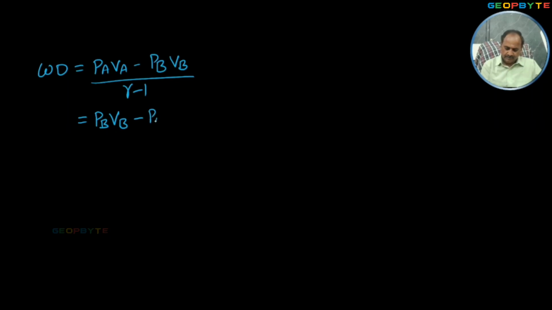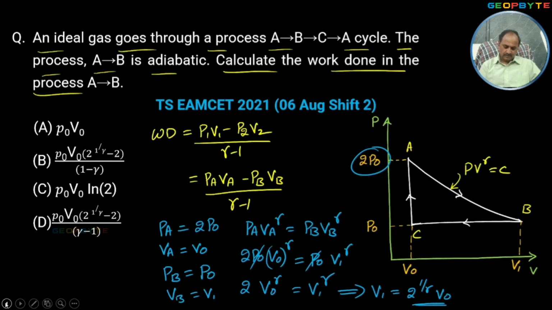Then work done equal to PAVA minus PBVB by gamma minus 1. Of course, it can also be written as PBVB minus PAVA divided by 1 minus gamma, because look at the options. All options are okay. Of course, gamma minus 1 is also given.